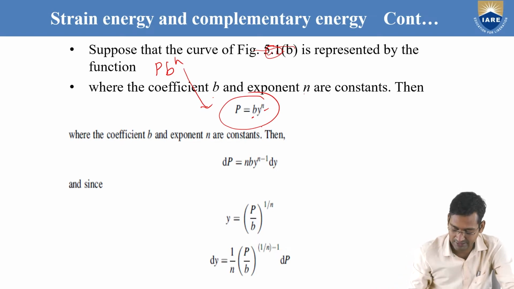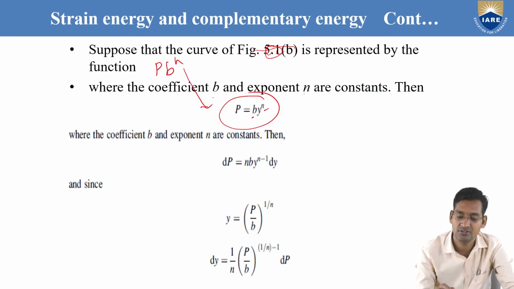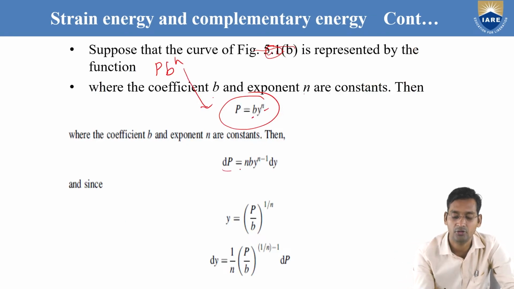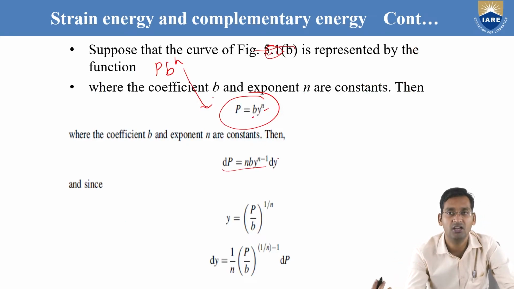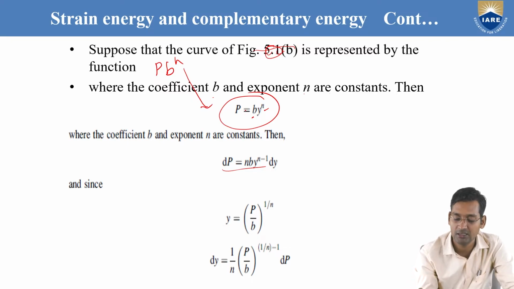Just see here, we have du by dy equals p and dc by dp equals y. So for finding this, we have to differentiate to find the value of dp, and similarly dy, and then substitute in that equation. Let's first find dp. p equals b y to the power n.